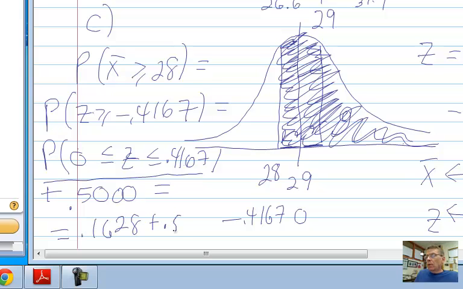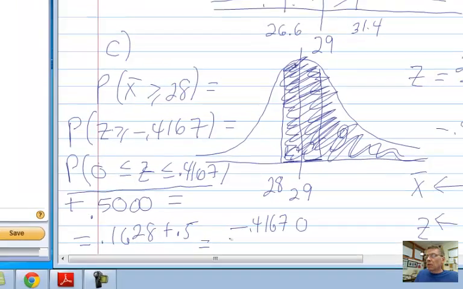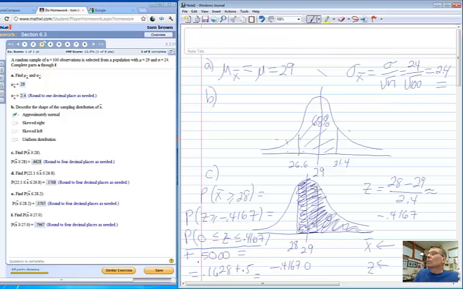Then we're going to add the 0.5, which we have here, and that gives us as a final answer 0.6628, which is the answer that I'm interested in.